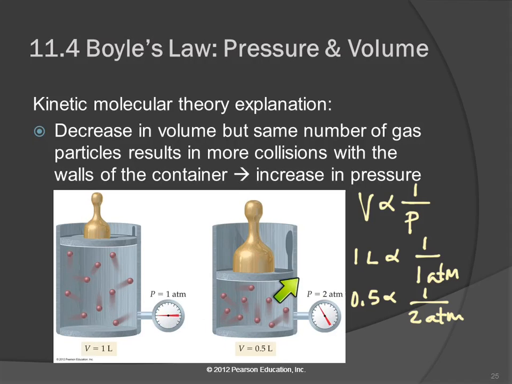But now, because this surface area is smaller, they're going to be hitting the sides more frequently, and so that ends up being more pressure. Does that make sense? With the same number of particles, but now you've got more collisions because they're more confined together.